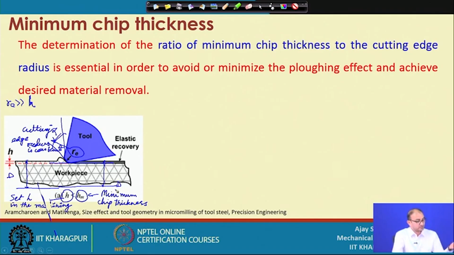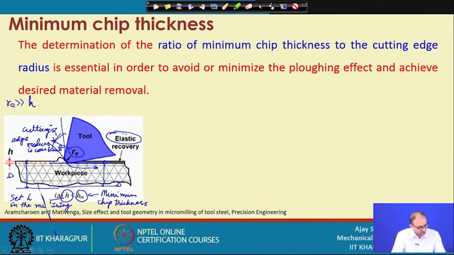Earlier we have seen some operations where the material was deformed, but the deformed material became a part of the machined surface. Here there is no machined surface. Whatever we are doing here, we are working within the elastic range of the material. Within the elastic range, if you remove the load, the material returns to its original shape.